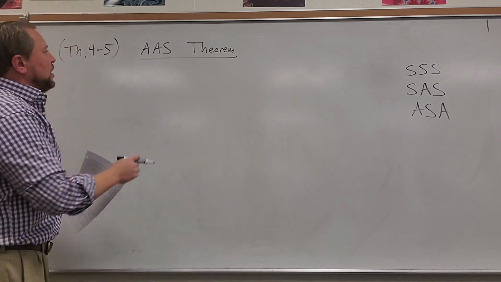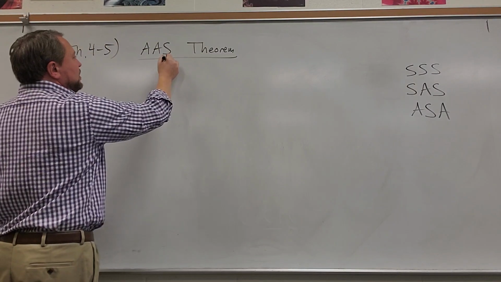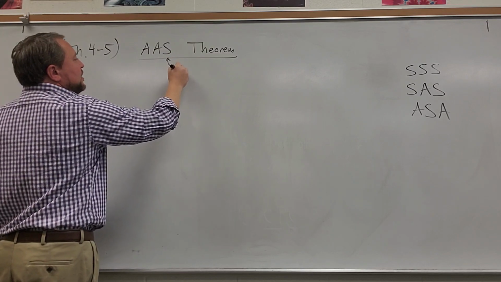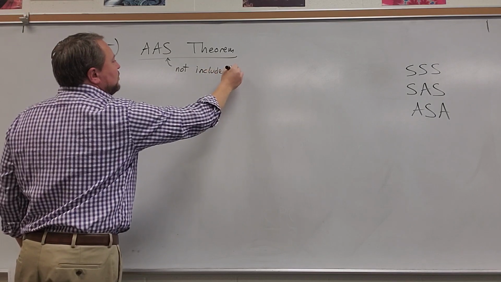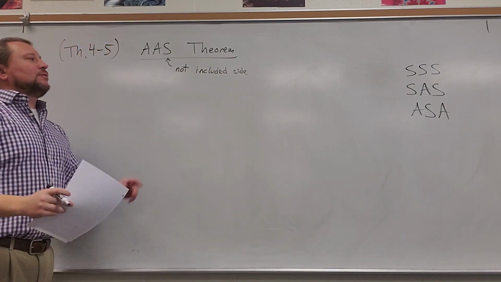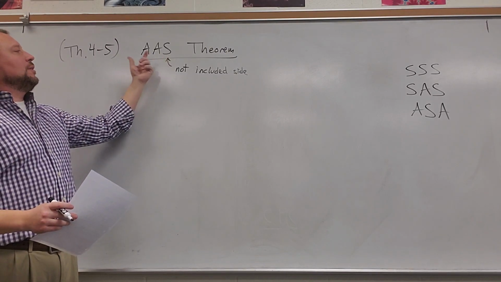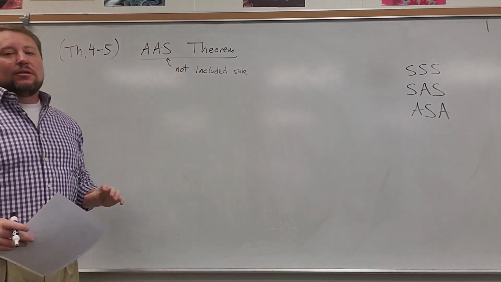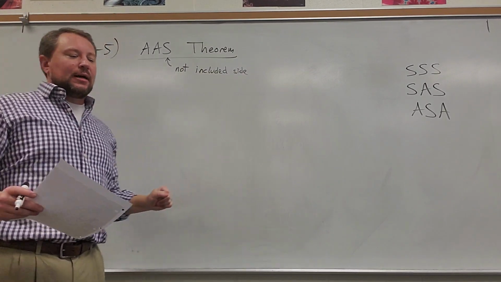But by the lettering alone, AAS already suggests to you that this S is not an included side. Remember, if it is the included side, it would be the one in between. They've worded this so that the S is at the end, so it will not be the included side.